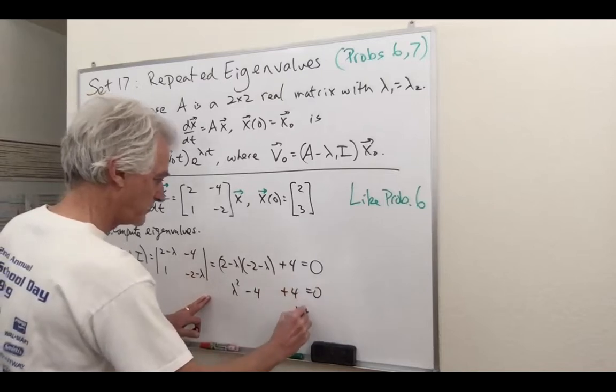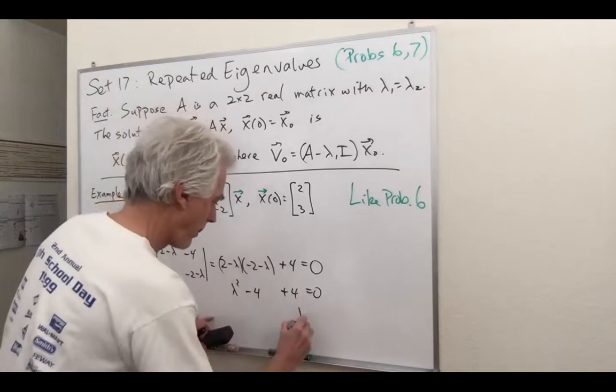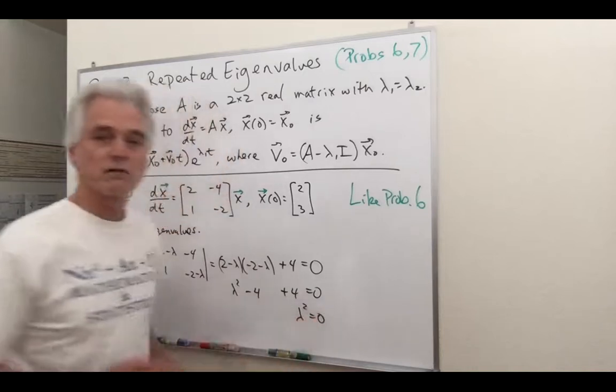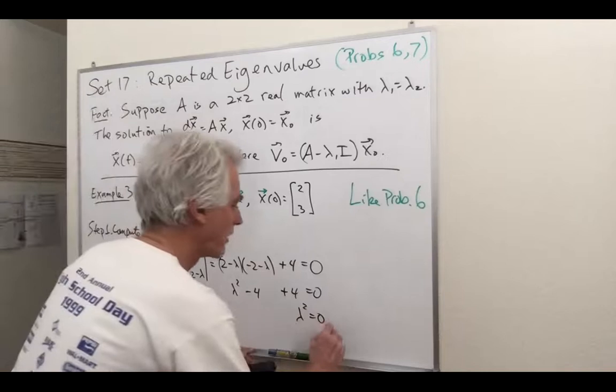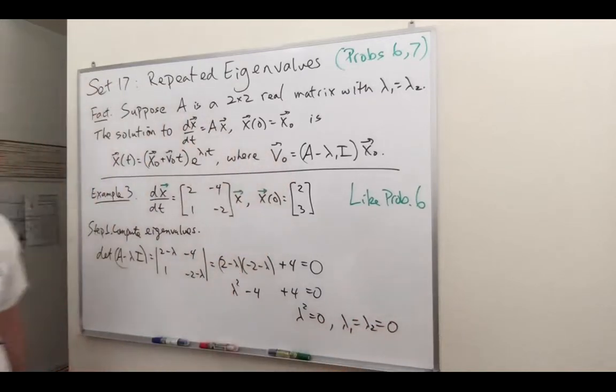In other words, lambda squared equals 0. So the eigenvalues are lambda 1 equals lambda 2 equals 0.